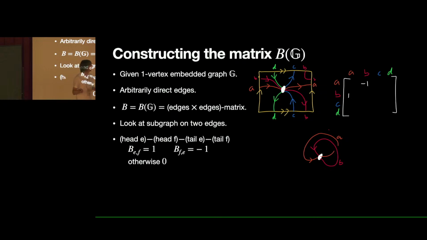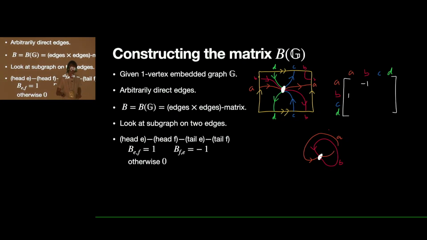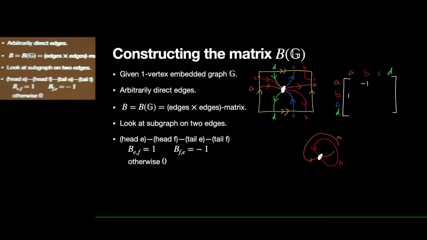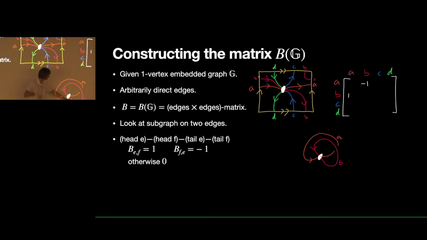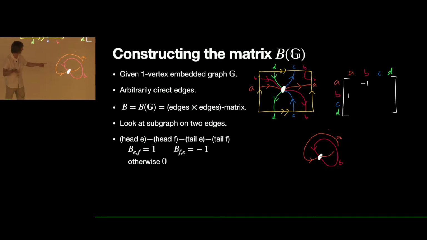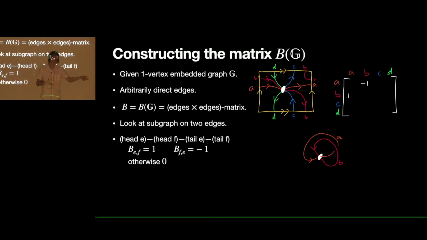For the AB entry, I look at the subgraph on edges A and B. And I just travel round the vertex in the direction of the orientation, and I notice I see head of B, head of A, tail of B, tail of A. So I see head, head, head B, head A. So that tells me my BA entry will be a +1, my AB -1.